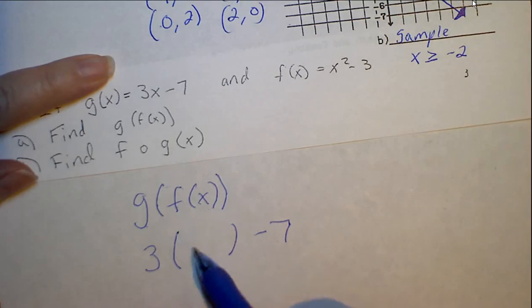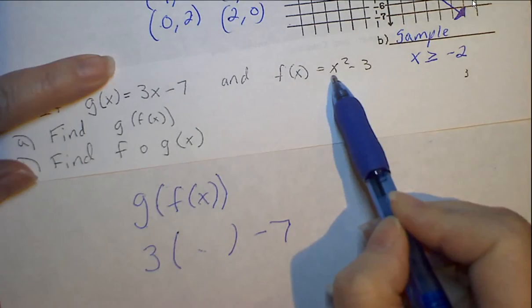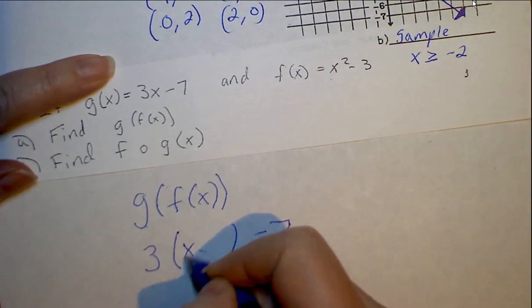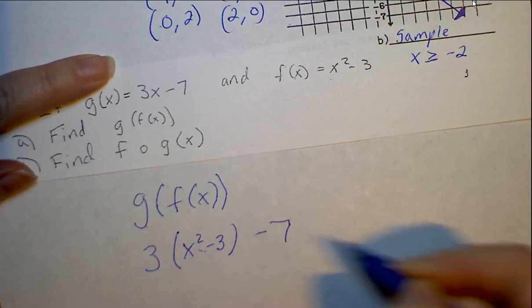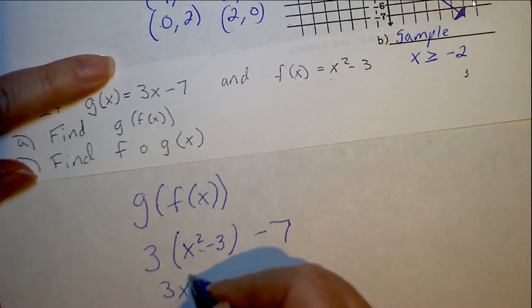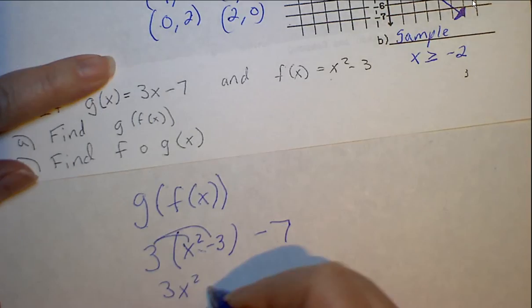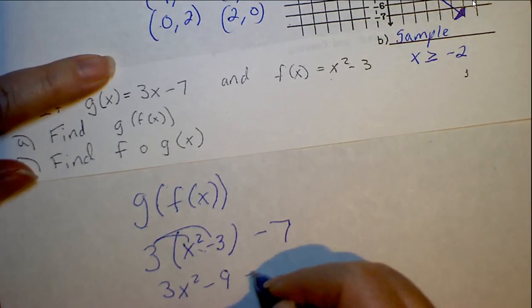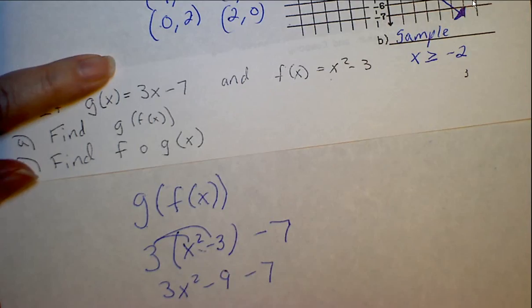So I'm going to put this inside here. So that's x squared minus 3. So I have to distribute. So I have 3x squared minus 9 minus 7. So 9 minus 7, they're both negative, so we're adding. So 9 and 7 is 16.